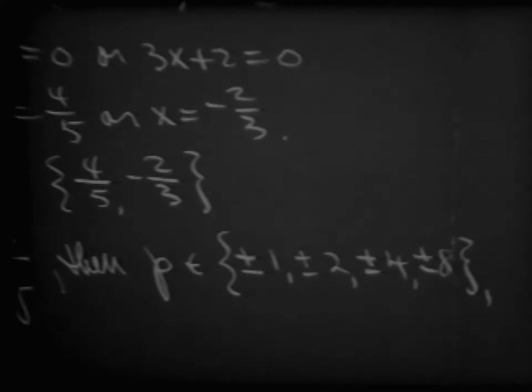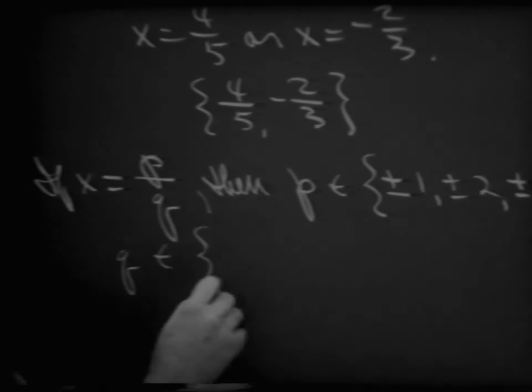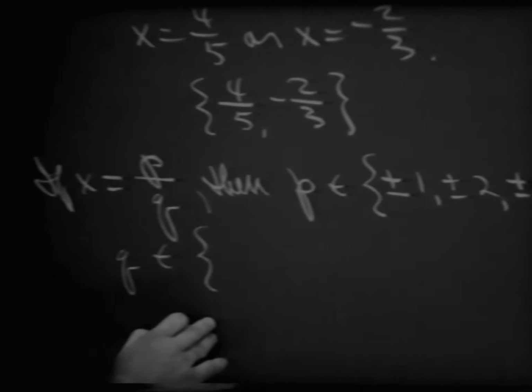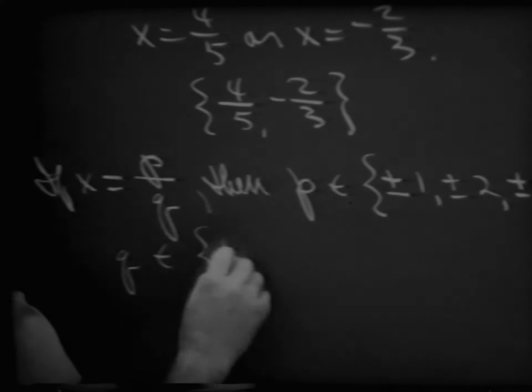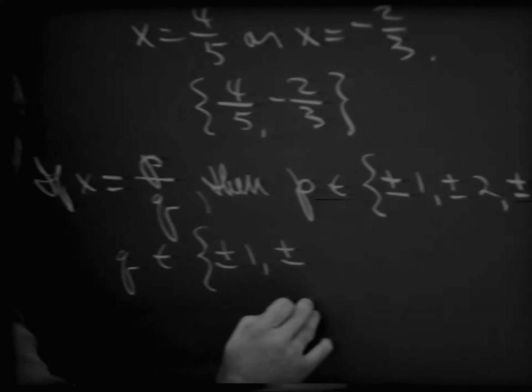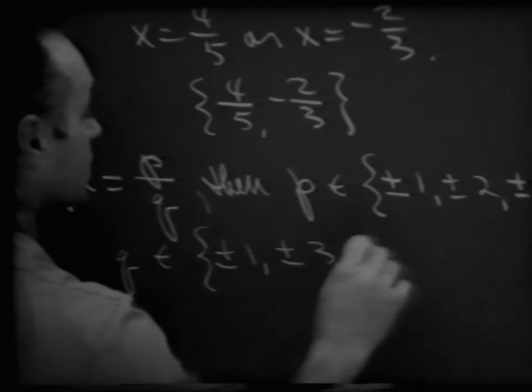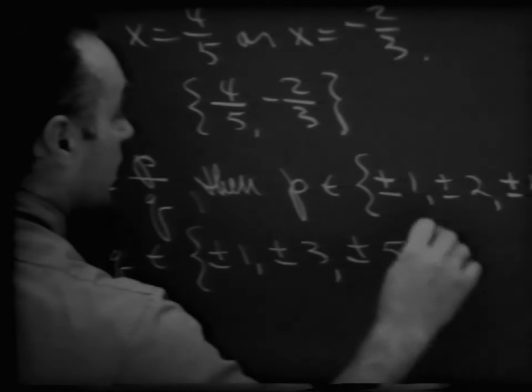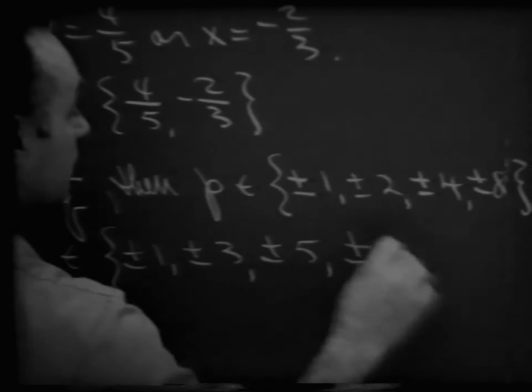And then q would have to belong to what set of elements? Well, let's look at the number 15, and all the possible factors of 15. We can write positive or negative 1, positive or negative 3, positive or negative 5, and positive or negative 15.